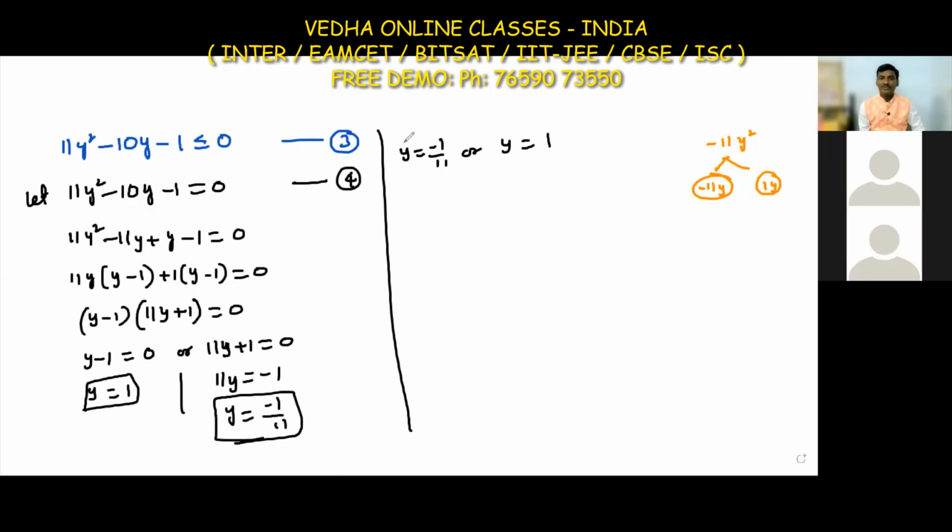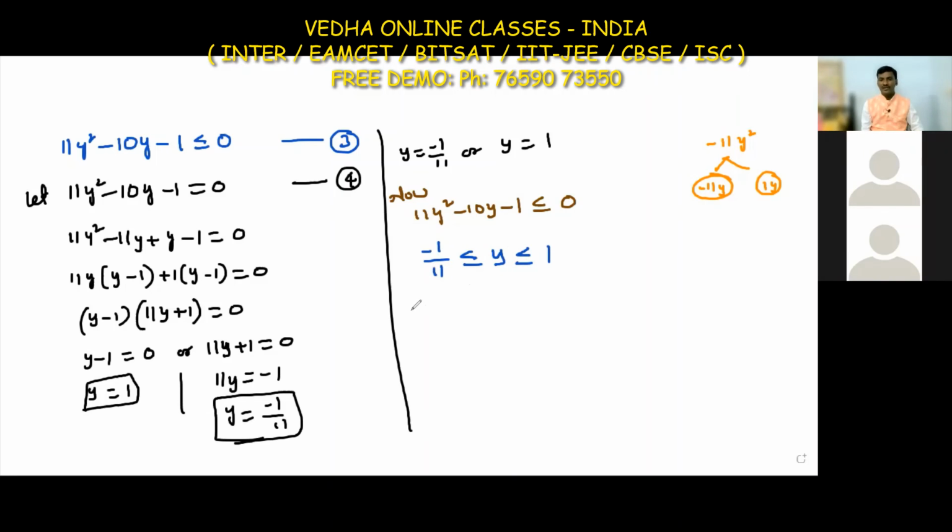Now apply it for less than or equal to or greater than or equal to. Here I am taking the inequality 11y square minus 10y minus 1 less than or equal to 0. Then we apply the smaller value less than or equal to y less than or equal to the bigger value.